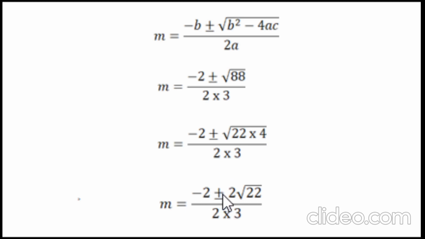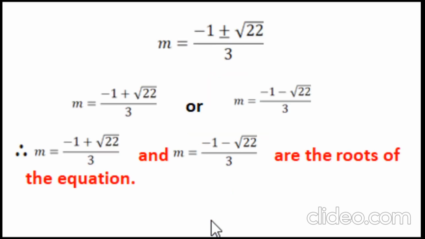So minus 2 plus minus 2 root 22 upon 2 into 3. This 2 cancels. We get m is equal to minus 1 plus minus root 22 upon 3. So m is equal to minus 1 plus root 22 upon 3, or m is equal to minus 1 minus root 22 upon 3. These are the two roots of this equation.